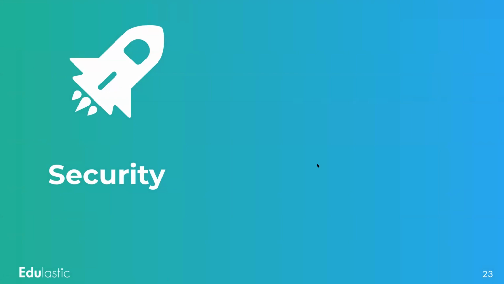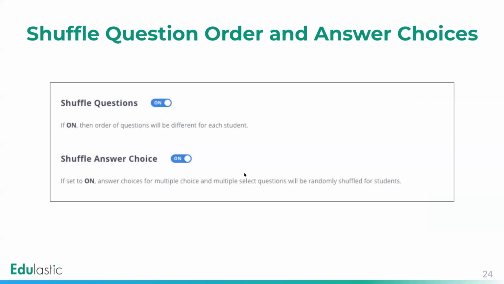So in addition to flexibility, and you could tell that there's a lot going on in flexibility there, there's also enhanced security features within an Edulastic Premium subscription. First and foremost, there's the ability to shuffle the question order and answer choices within Edulastic. For those of you who are familiar with the free version, you might say, well, things are shuffled like in the resequence type question, but they're not shuffled for multiple choice, multiple select, and things of that nature.